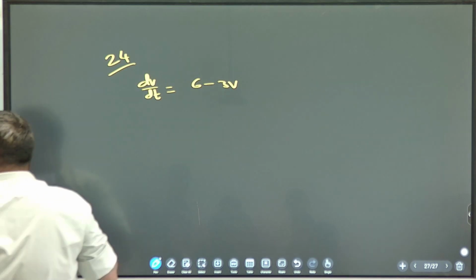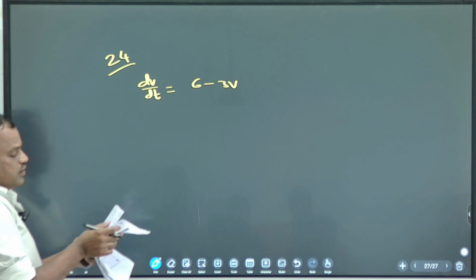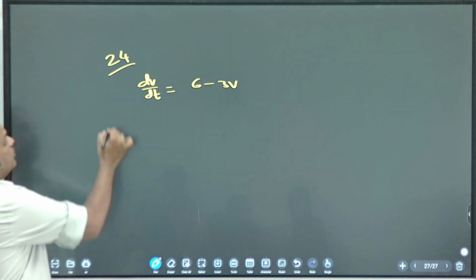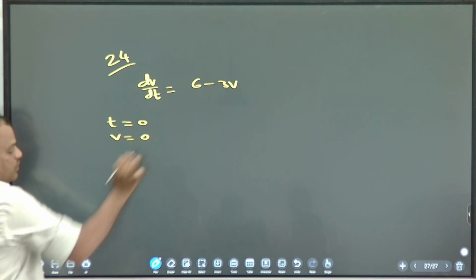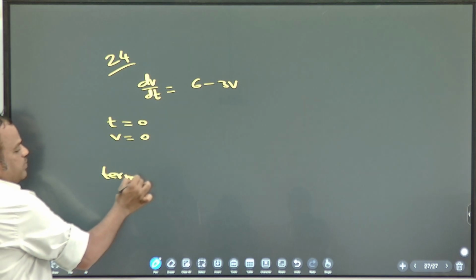If the body was at rest at t is equal to 0, what is velocity? 0.